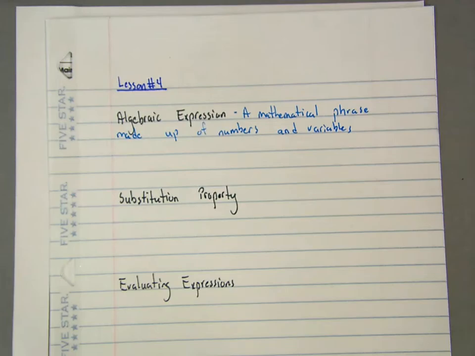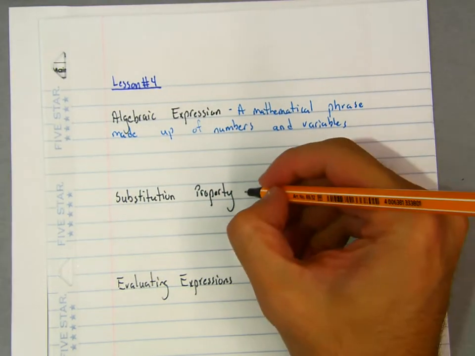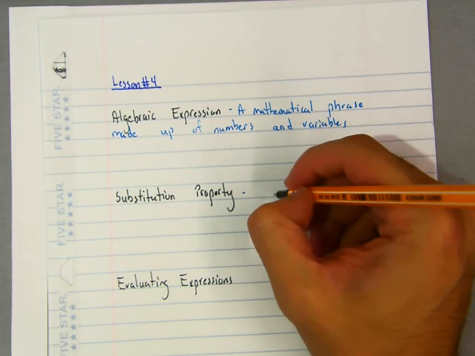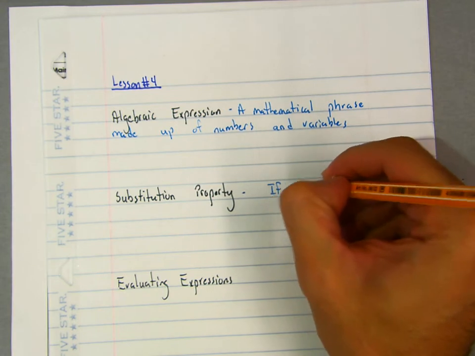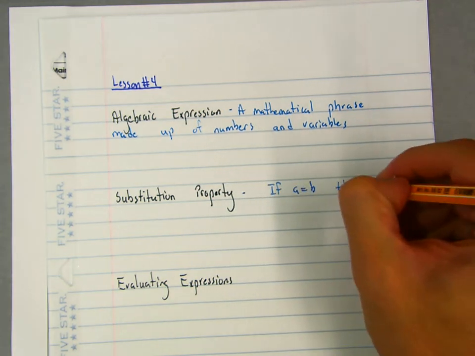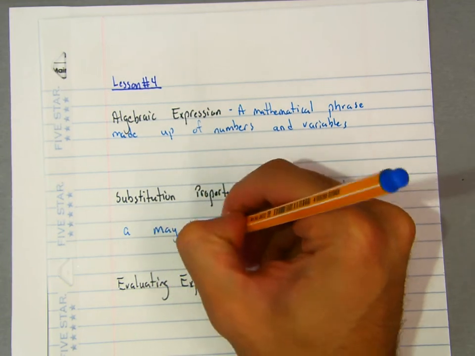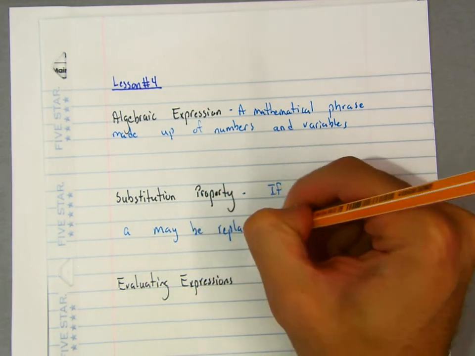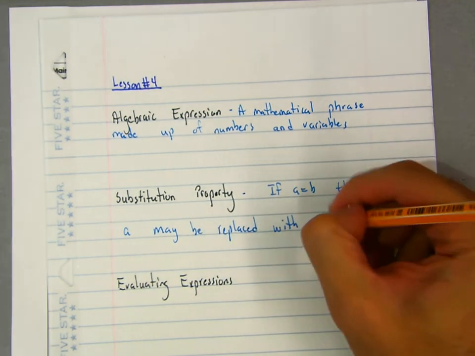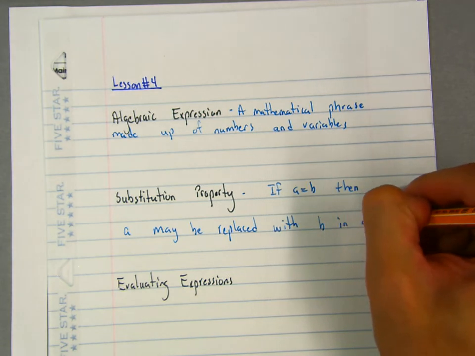Okay. Next part, substitution property. If A equals B, then A may be replaced with B in any expression.